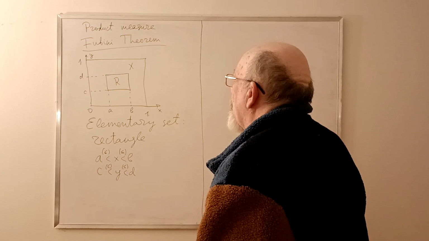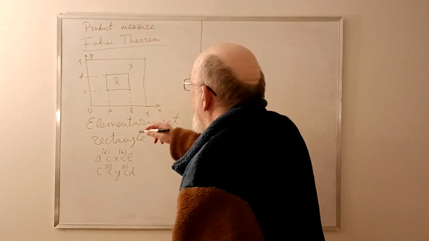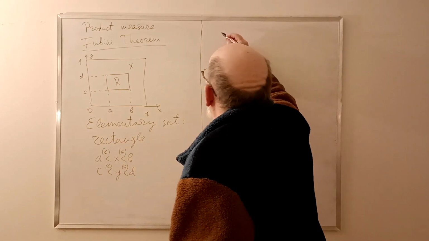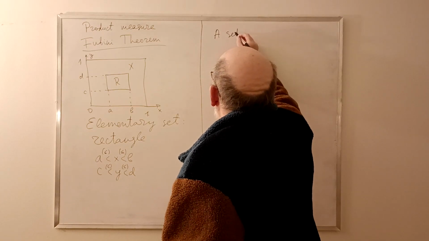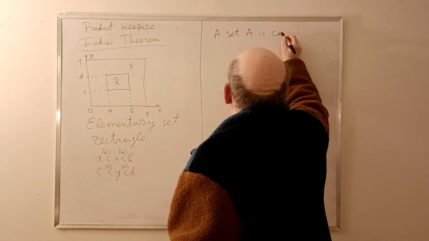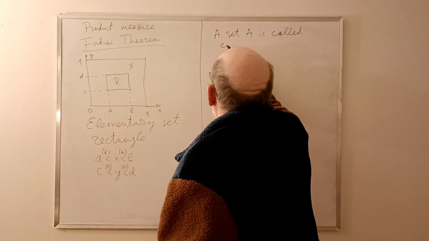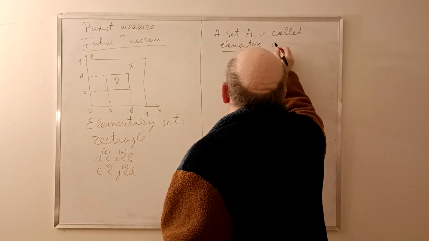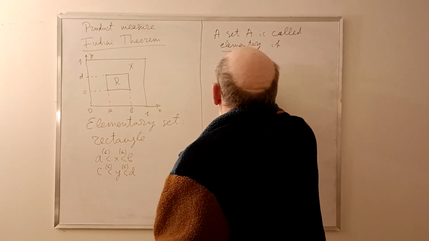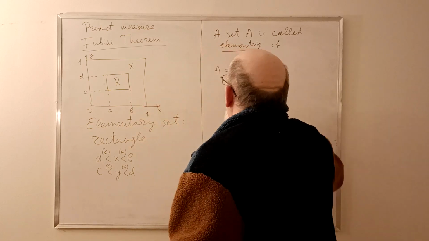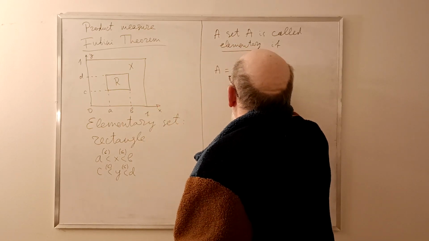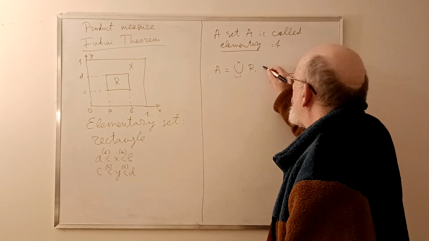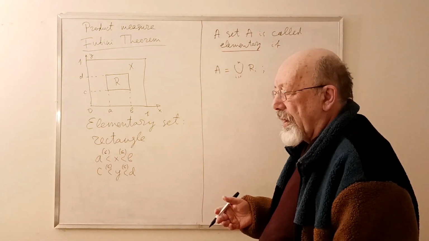Now we have the following thing. Rectangles are the most elementary sets, and a set A is called elementary if A is a union of a finite number of rectangles Ri, i from 1 to n, which are disjoint.